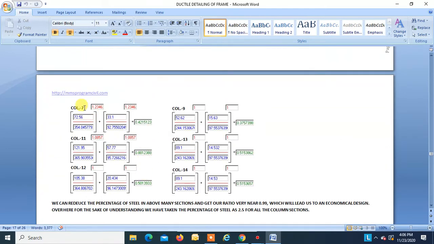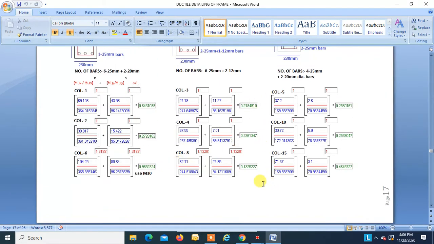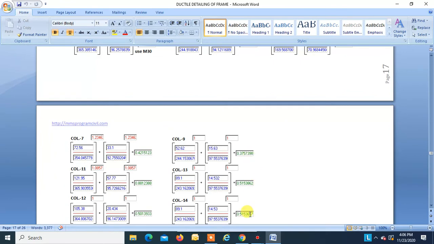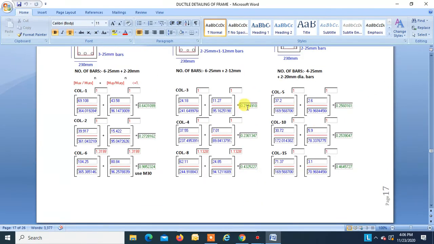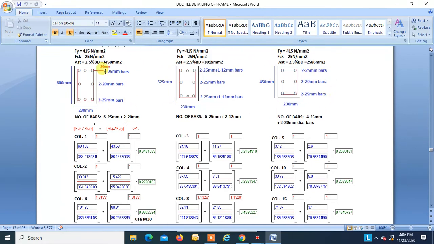For column 7, 11 and 12 the ratio is less than 1. So all the columns have a ratio less than 1. This is how we found the longitudinal steel for the column, right?